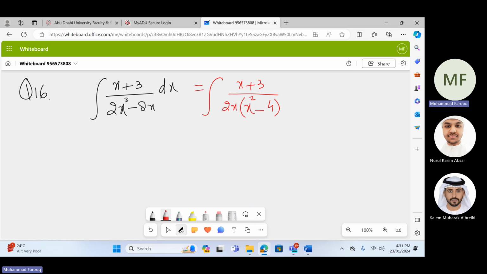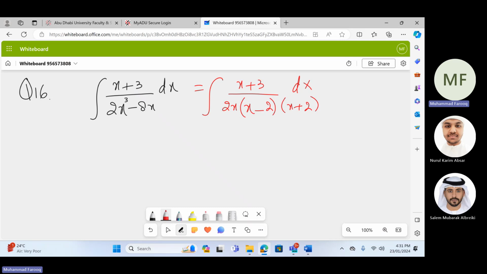Yes. So x minus 2 and x plus 2. We need only factorization, that's all. It's up to you how you factorize this. Factorize the denominator completely. Okay? How many factors did we get? 3. What are their natures?